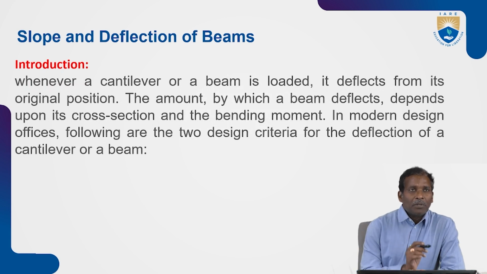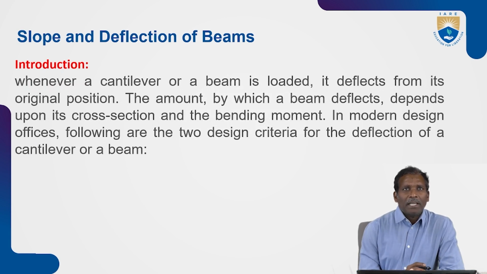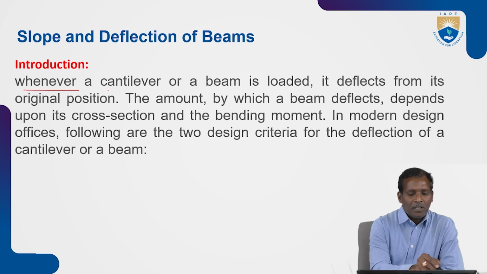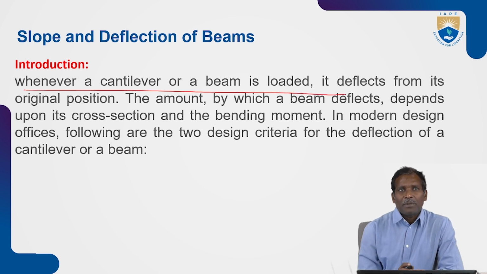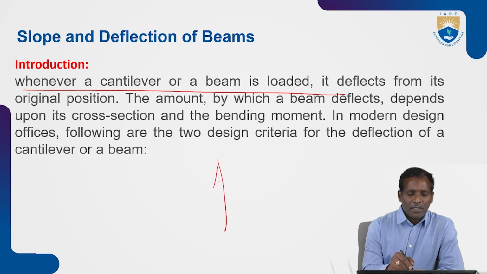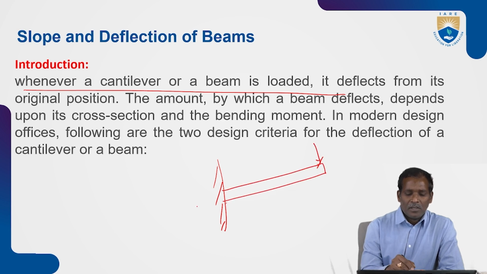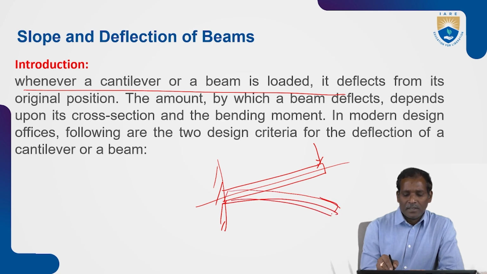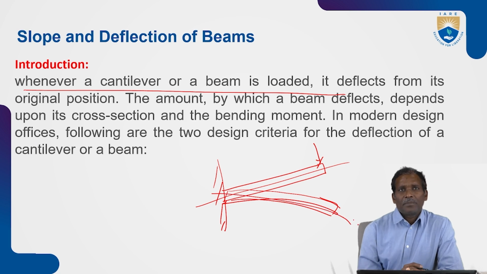Coming to the introduction part, whenever a cantilever or beam is loaded, it deflects from its original position. Already I told you, this is a cantilever beam and it deflects like this.